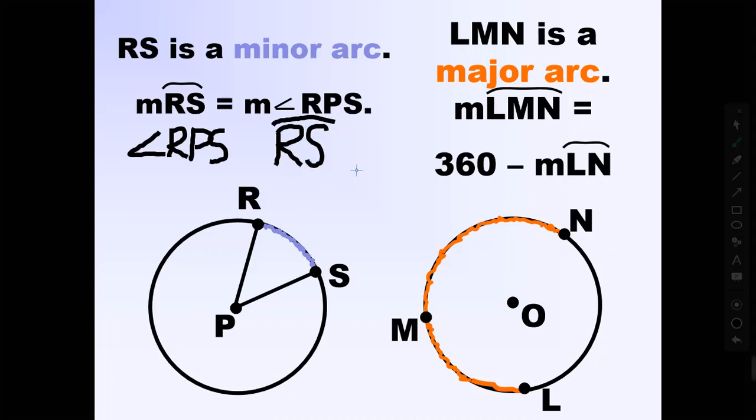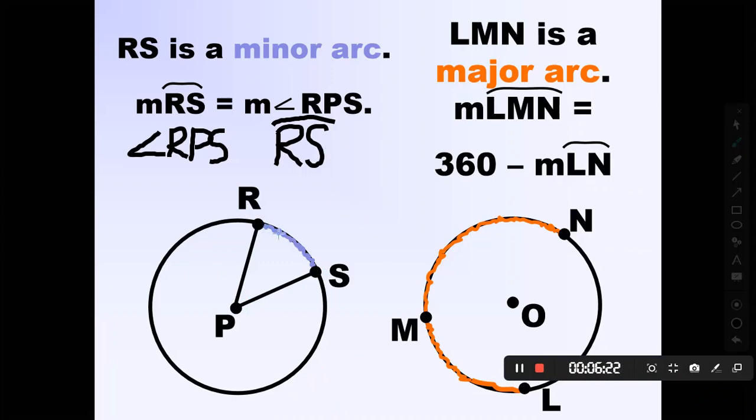Arc RS is a minor arc. A minor arc means it's definitely smaller than 180 degrees, less than half of the circle. So we call this a minor arc.